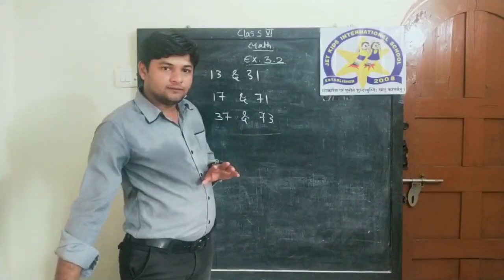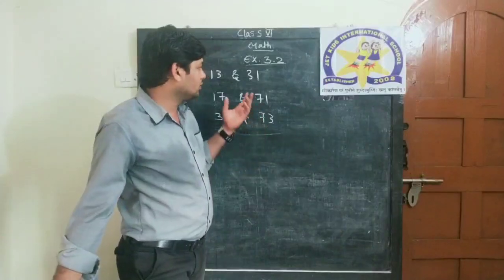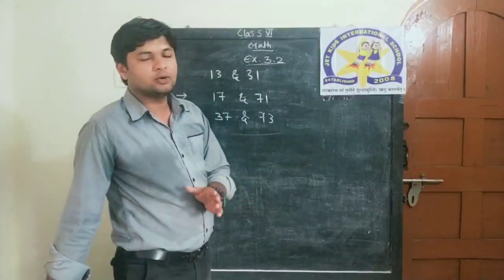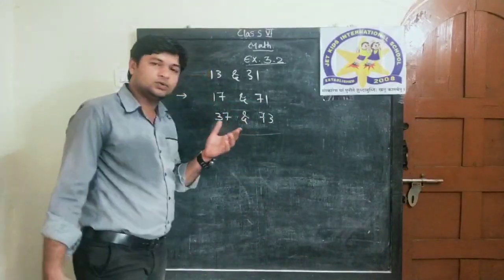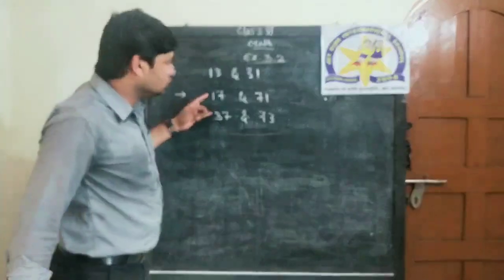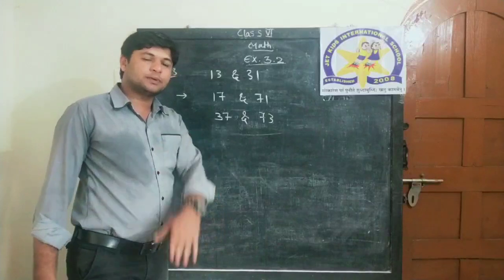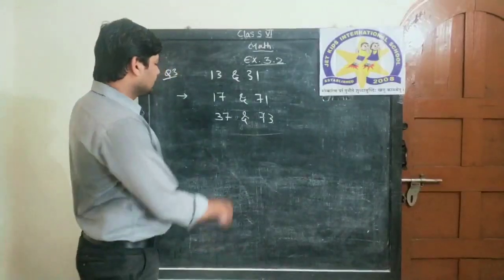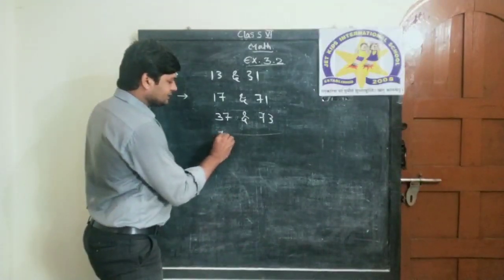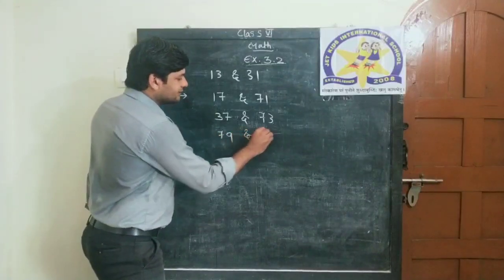There is no trick to find out such things. One thing you need to remember: if you keep practicing prime numbers, you will be able to tell without seeing the table which one is prime or which one is composite. Next, 79 and 97.